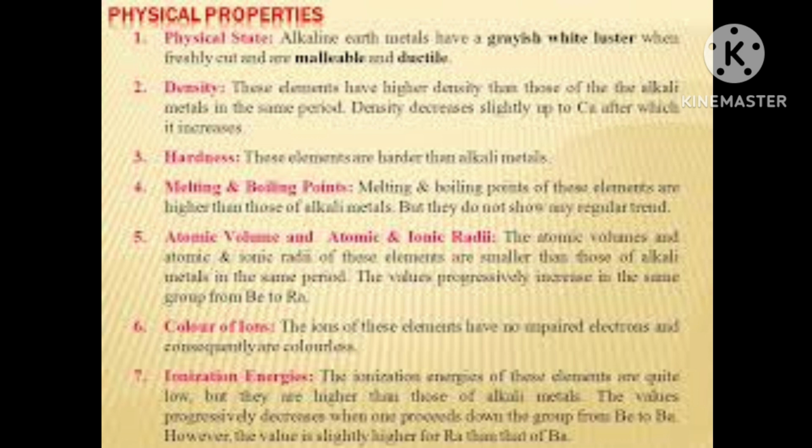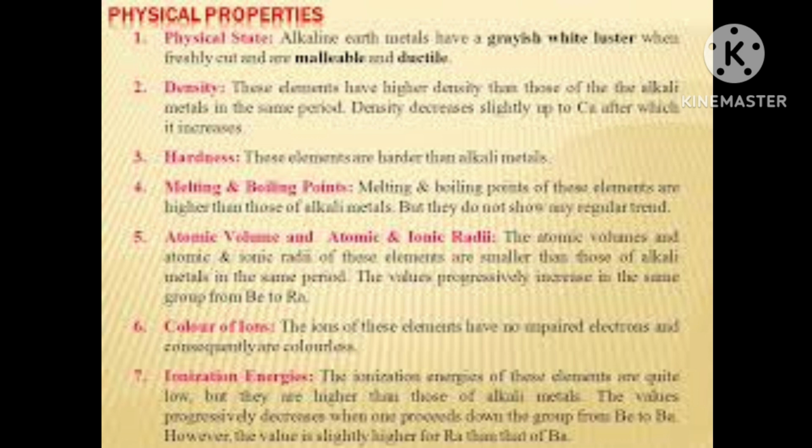Okay, and one more property I want to tell you, that is the occurrence in lithosphere, which means on earth, the upper layer is called lithosphere.